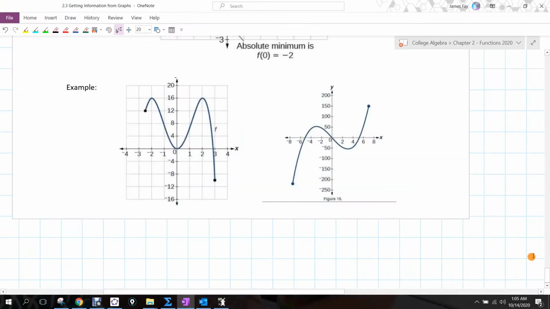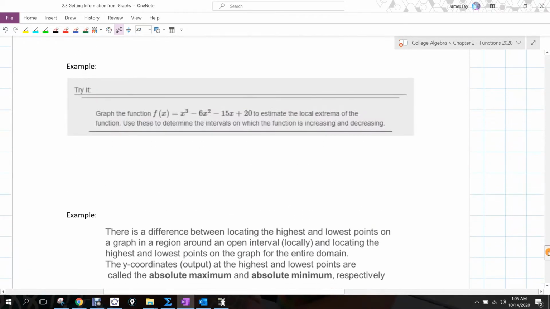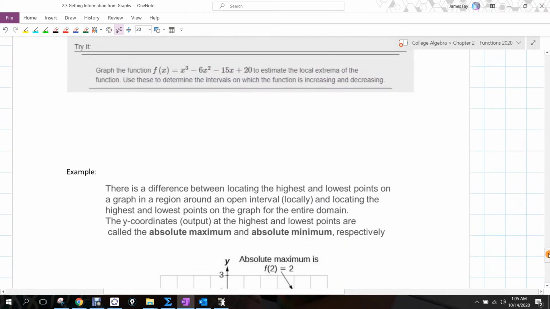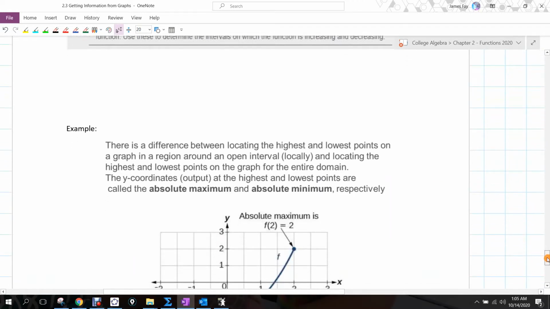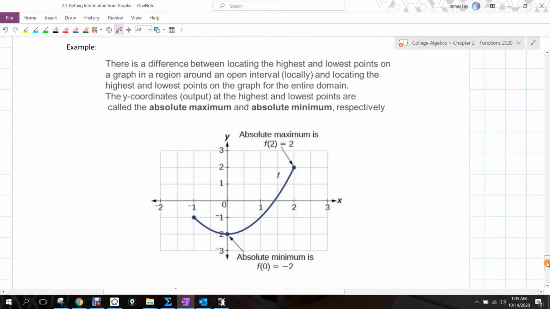Just because of time running out here, I'll let you attack these other examples on your own. Graph these, determine what you think to be the maximums, minimums. This is just an example where I've got this function here that is on a closed interval, and this is an absolute maximum.